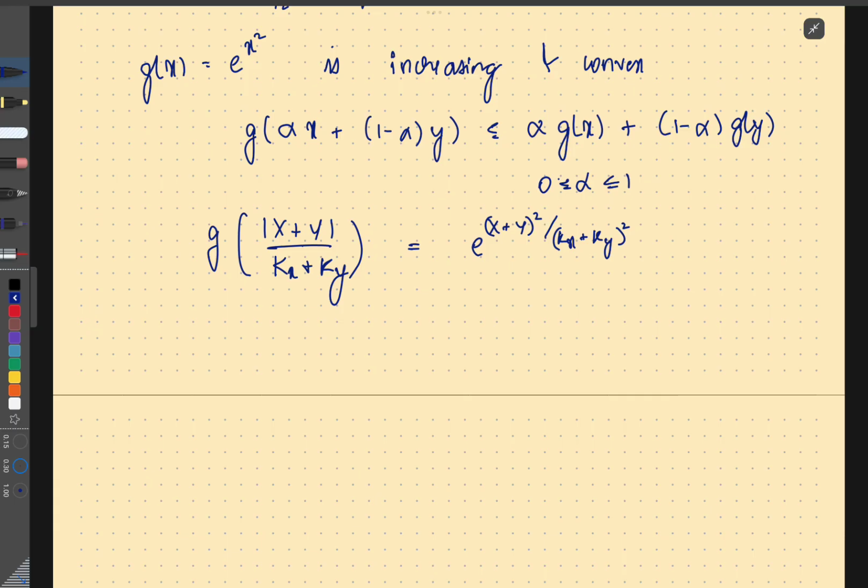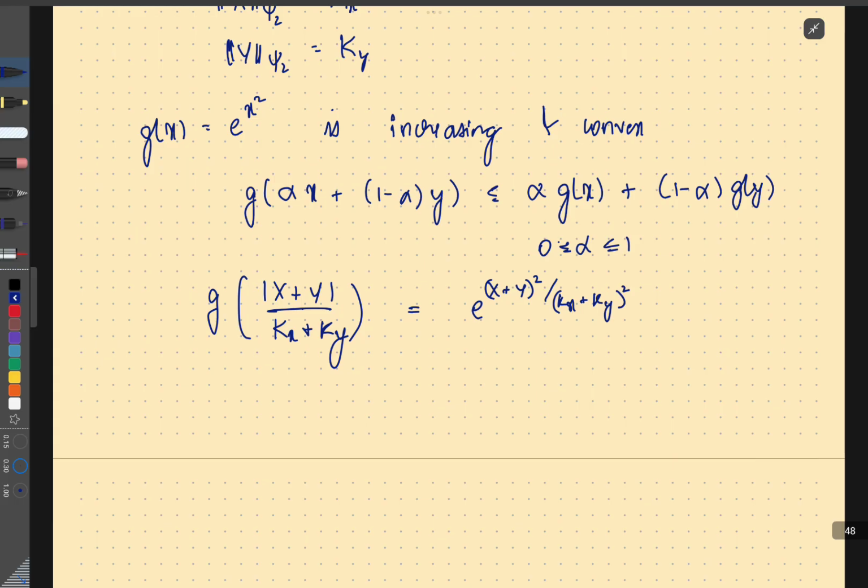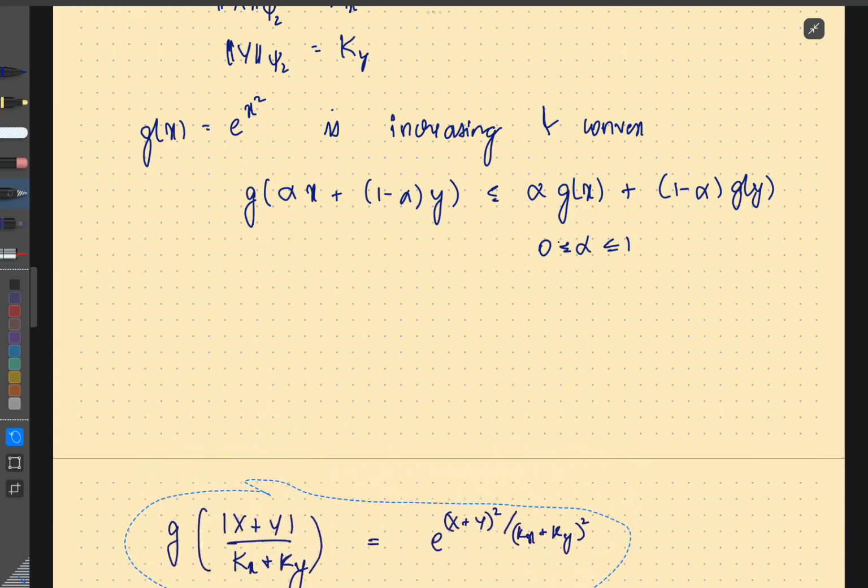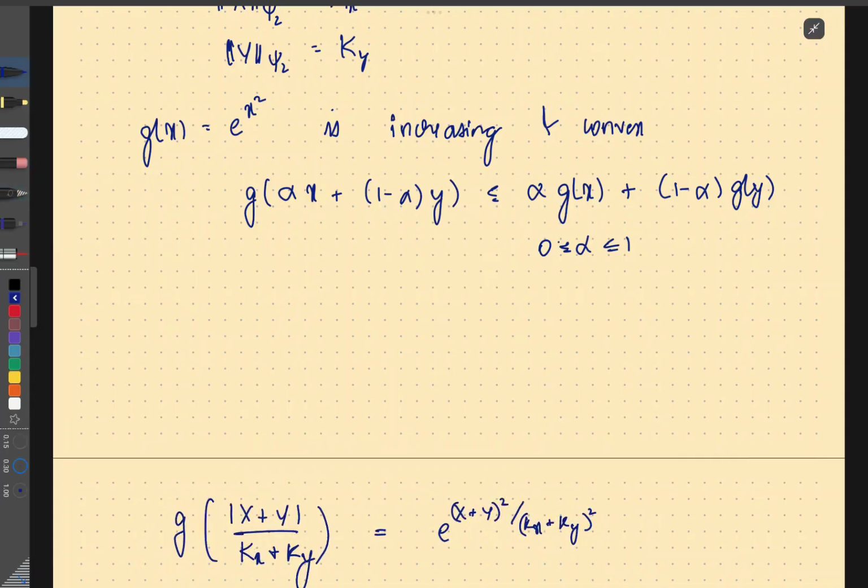I want to show that the Subgaussian norm of x plus y is less than or equal to kx plus ky.